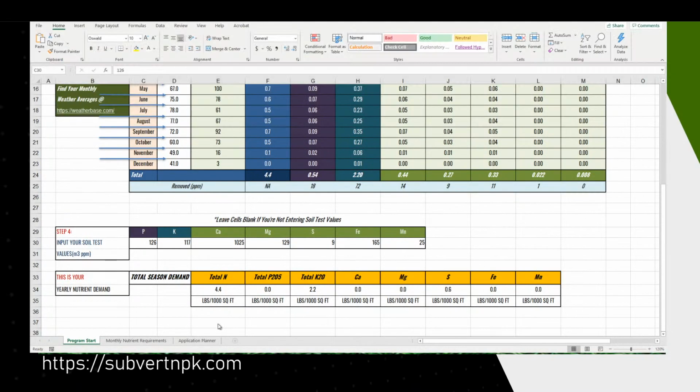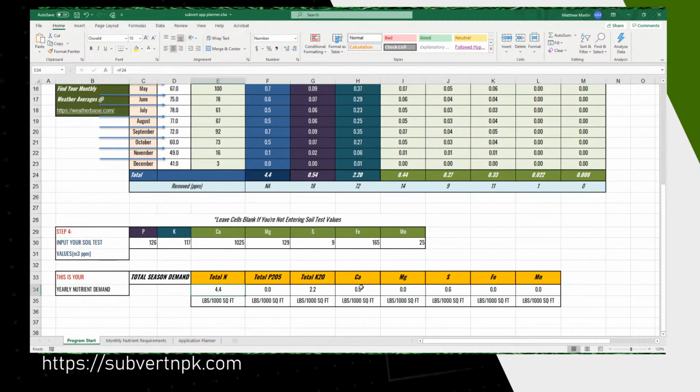So you can see here, these are what the general recommendations are. Now we know that the total for the year is going to be 4.4 pounds of N and 2.2 pounds of K2O. Real simple, based off what our soil test values are. Now, some may say, oh, if you have 117 parts per million of potassium, you really don't need to apply any potassium.